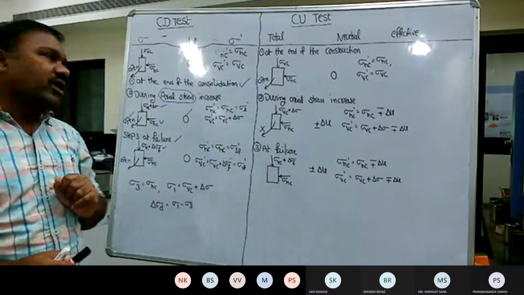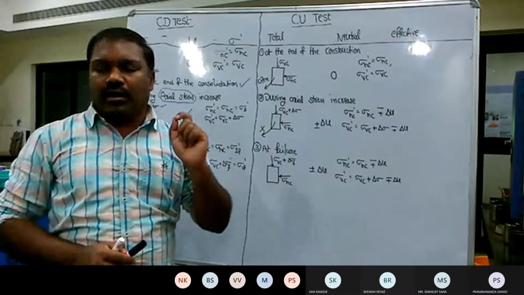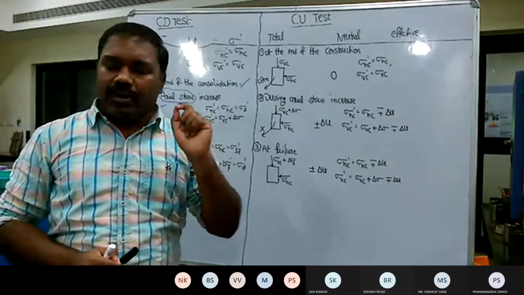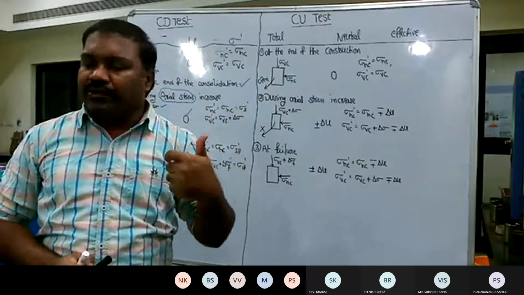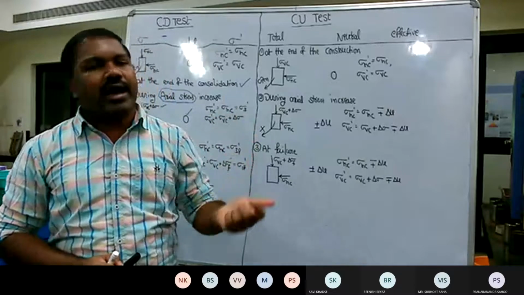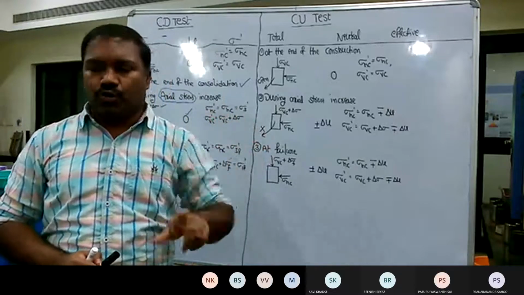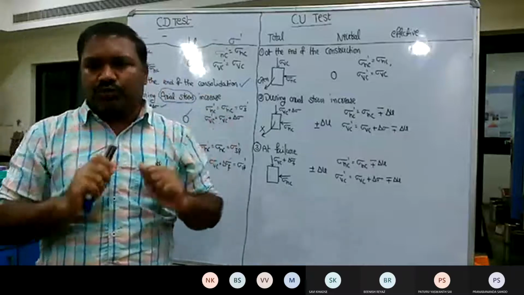Why? At the same time, you also need to make an equivalence between the rate of dissipation of the pore water pressure and the rate of application of the load. So there should be an equalization between these two.